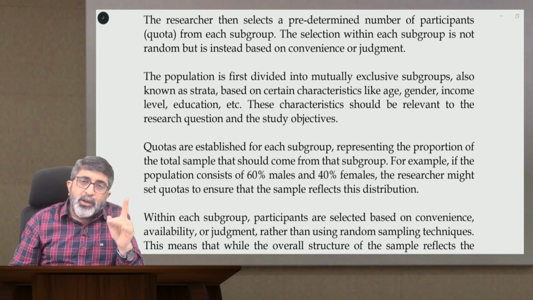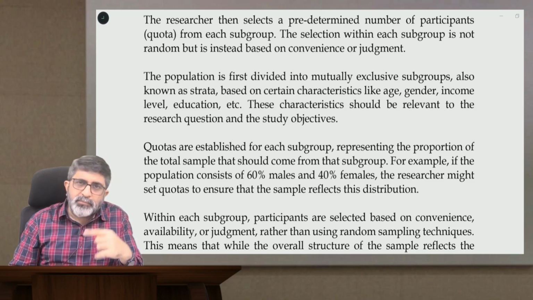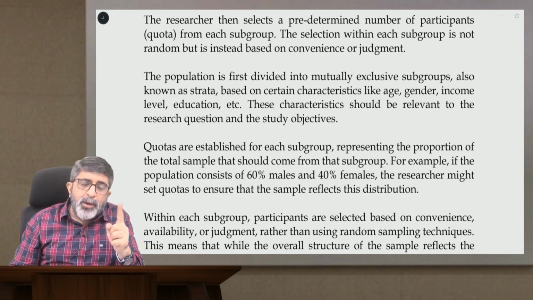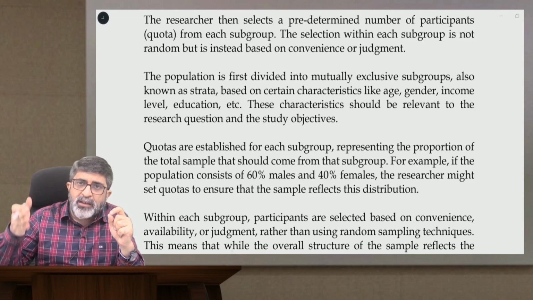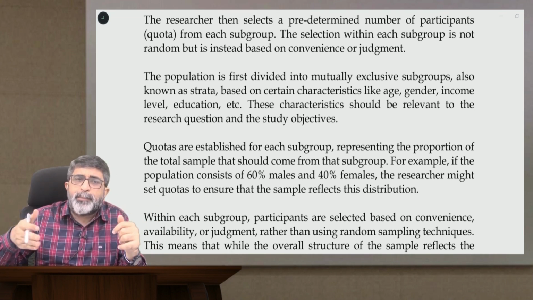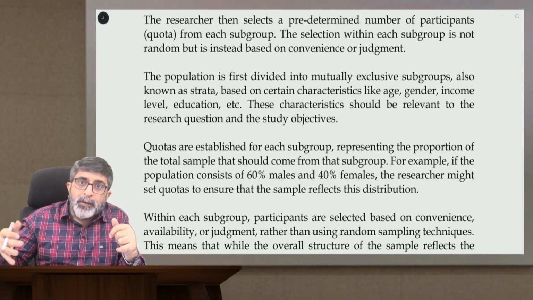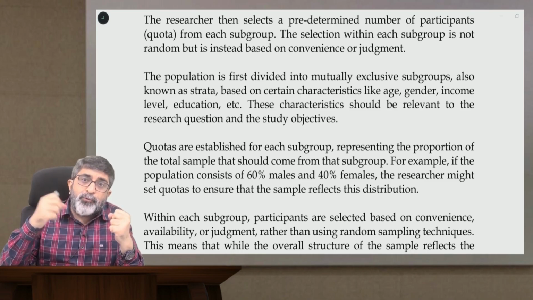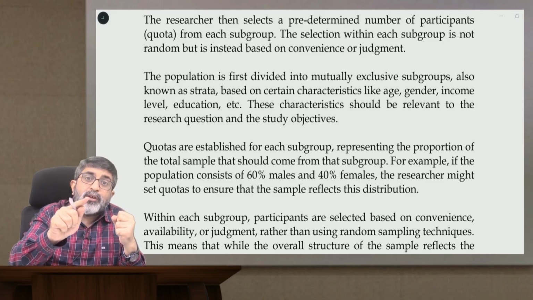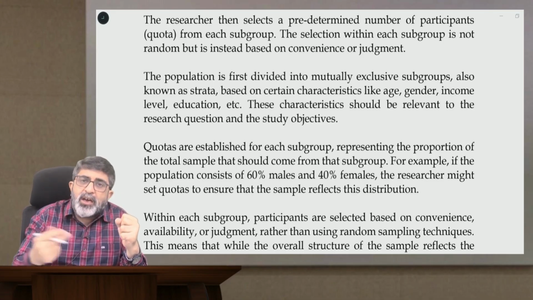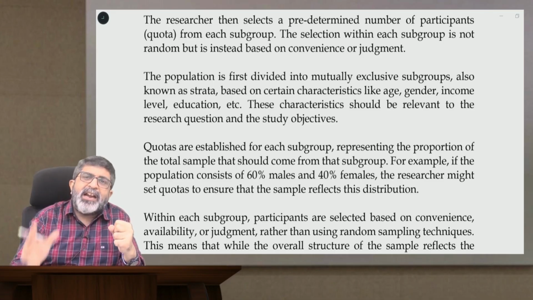So, stratified sampling and this quota sampling may have one similarity, that the whole population is divided into strata. But in stratified sampling, after dividing the population into the subgroups called strata, the selection made from within the strata is random. Here you are not applying random selection.